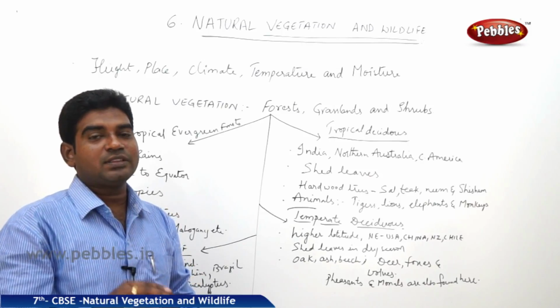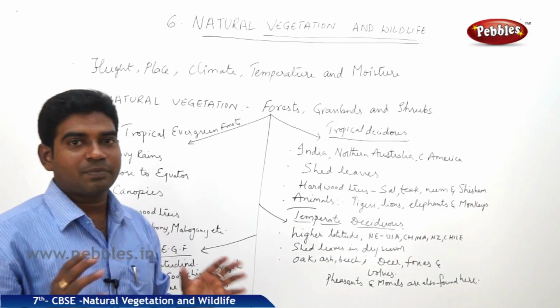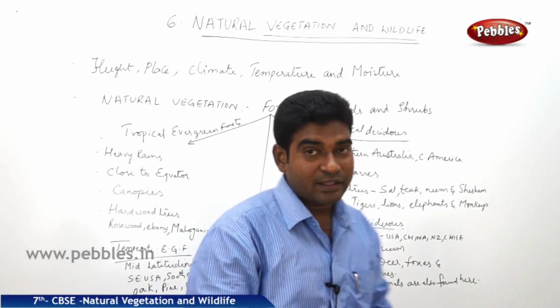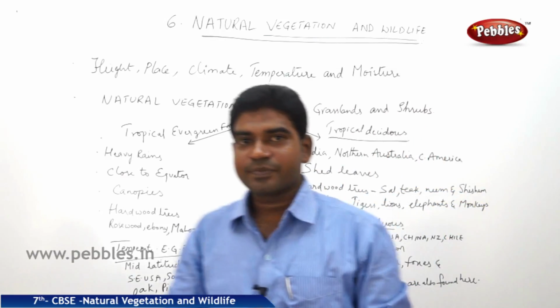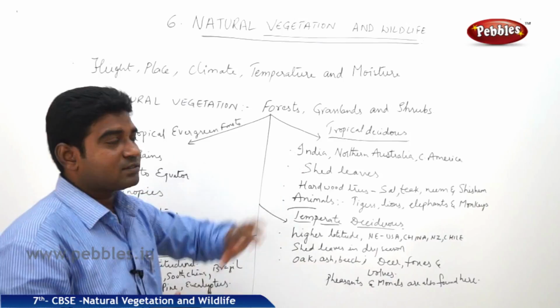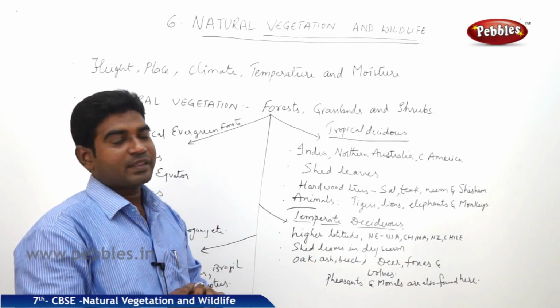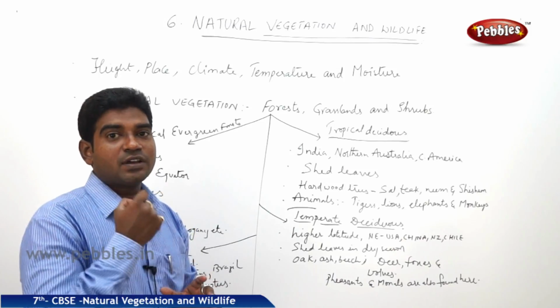We will now discuss the general natural vegetations which are found across the planet. Generally, the natural vegetations can be broadly categorized into three major categories. First, the forest, the different types of forest; grasslands, the different types of grasslands; and shrubs, the different types of shrubs.